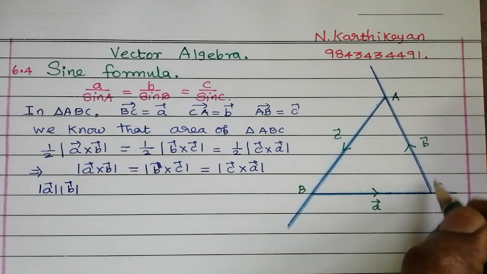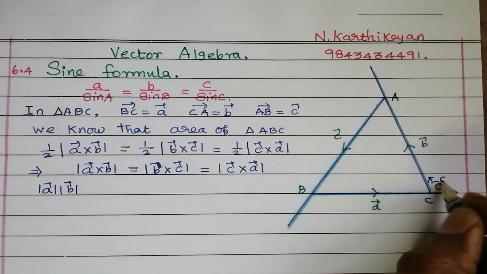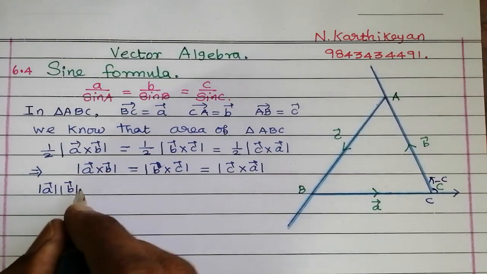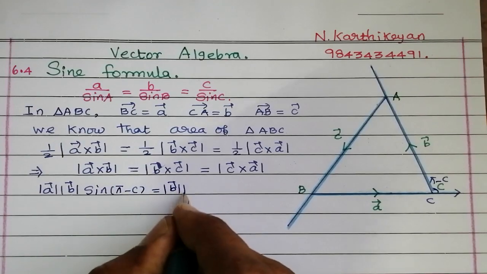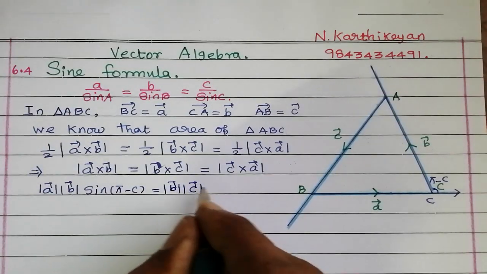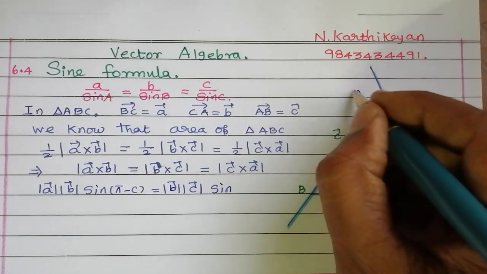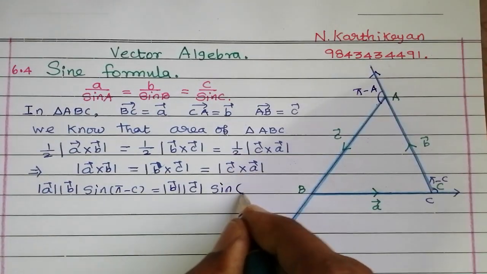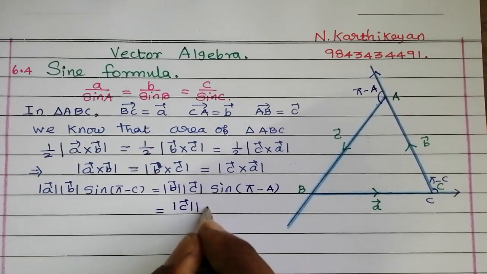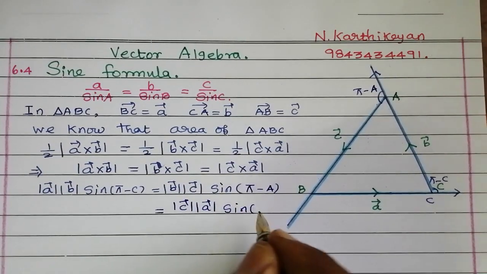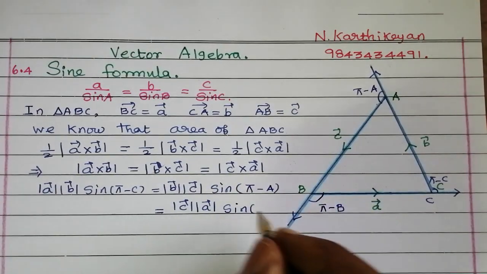We extend this angle, so this is C, this is pi minus C, that is sin of pi minus C, equal to modulus of b into modulus of c into sin of the angle between b vector and c vector, which is pi minus A. That is equal to modulus of c into modulus of a into sin of the angle between c vector and a vector, which is pi minus B.